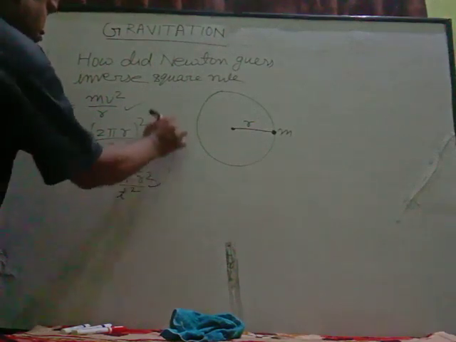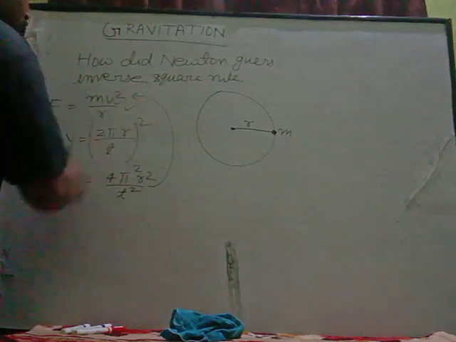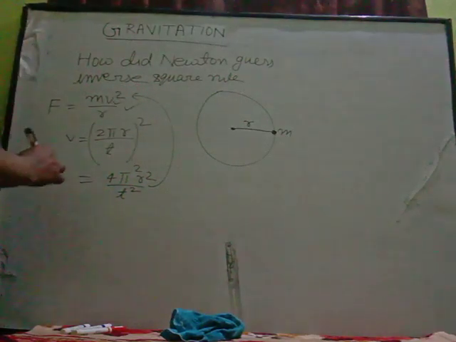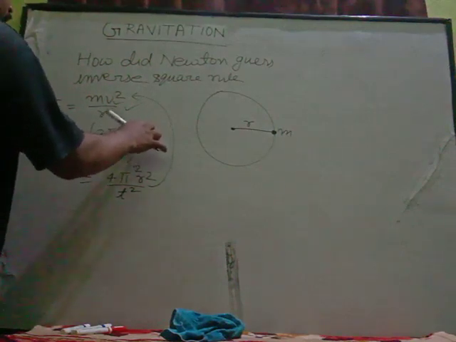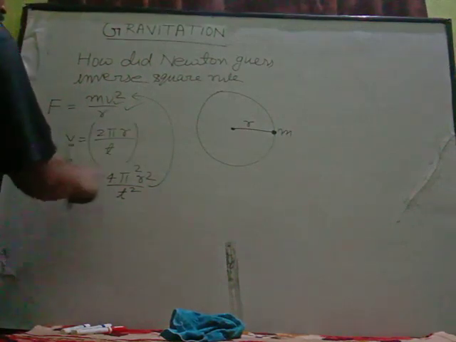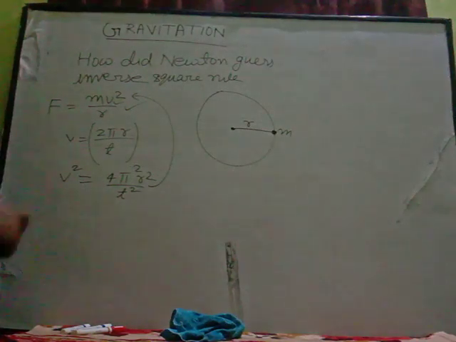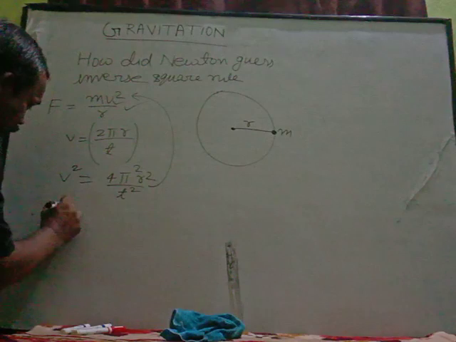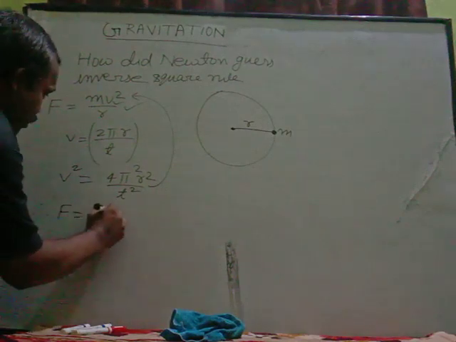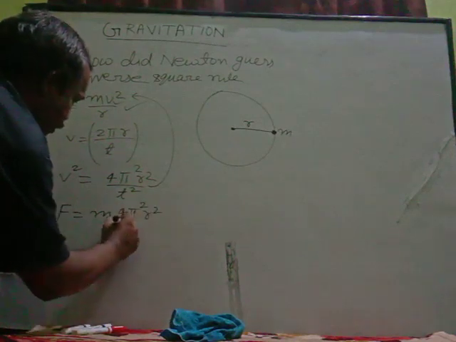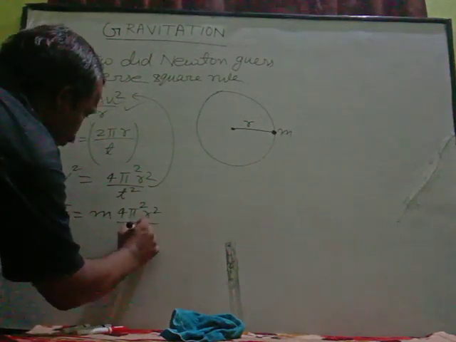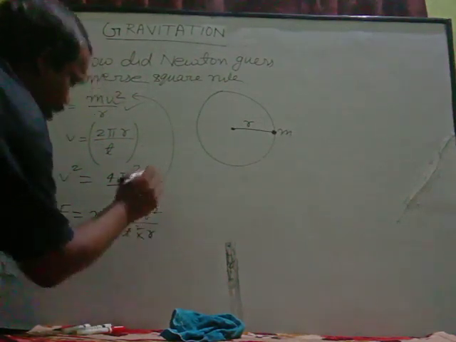Now put this value here instead of v. Clear? Therefore, now we have F is equal to m 4 pi square r square divided by T square into r.